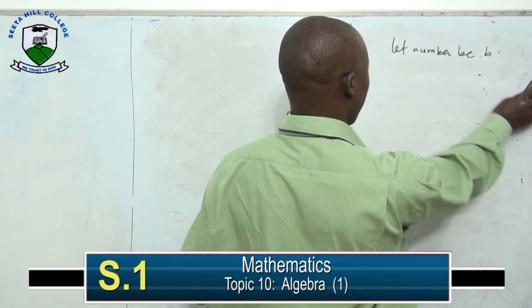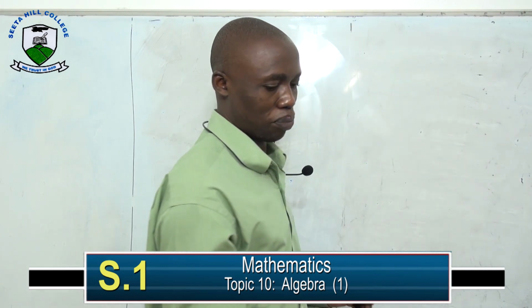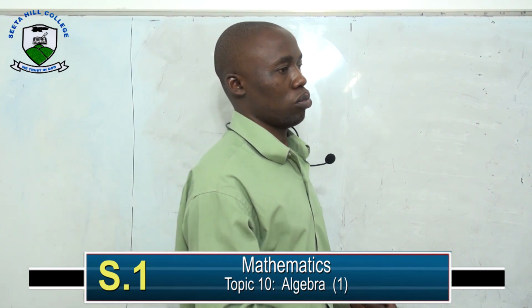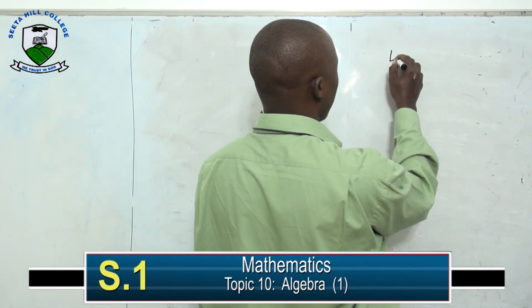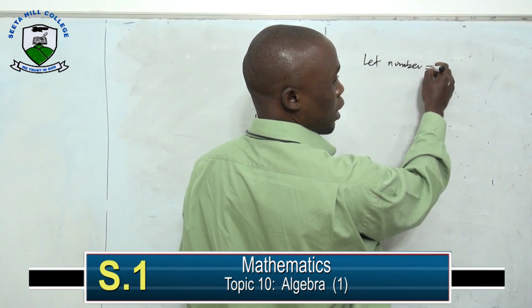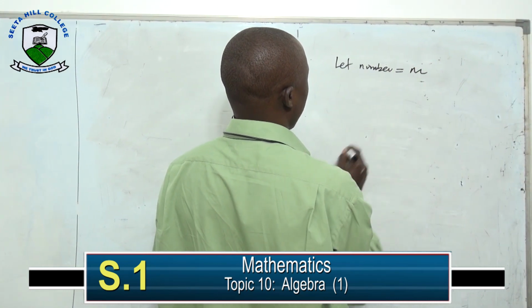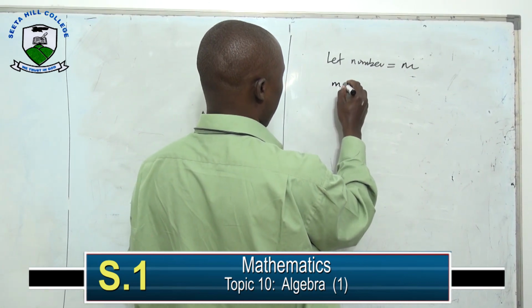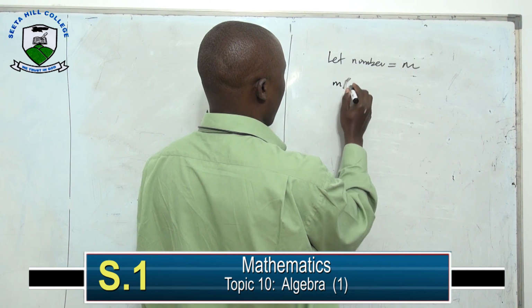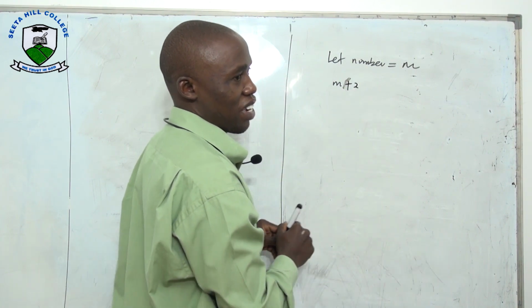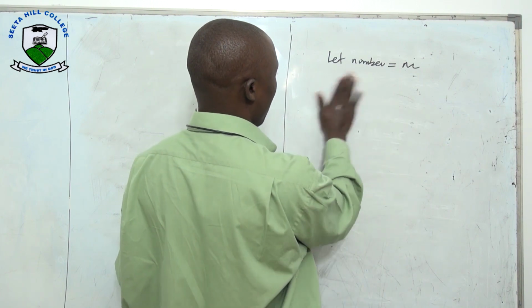Let the number be M. So it is M plus 2, times 3. Kate thinks of a number, not so?